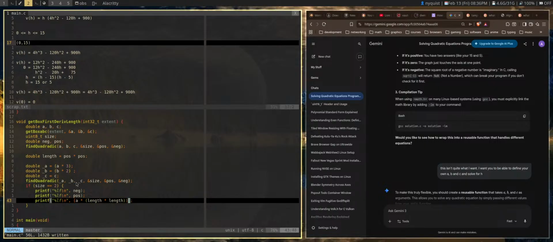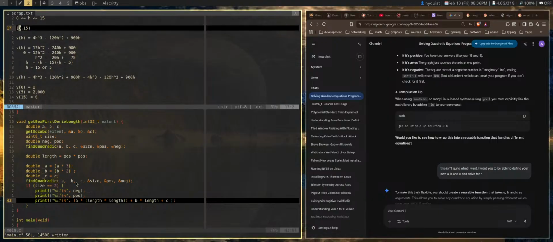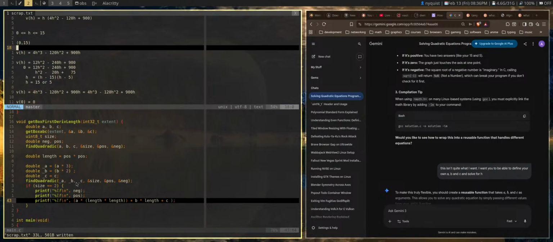And then we got that first variable, plus our B times length, plus our C. I am really worried. I'm terrified right now. Okay, this is crazy.